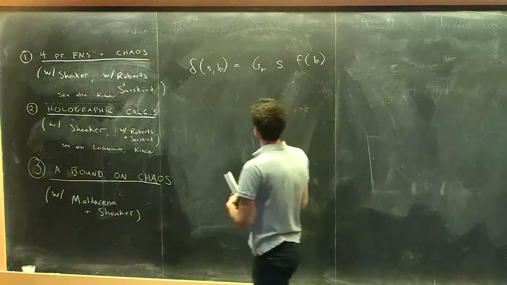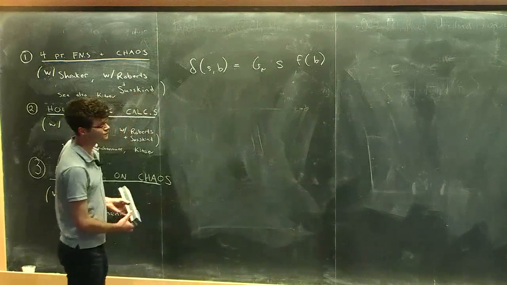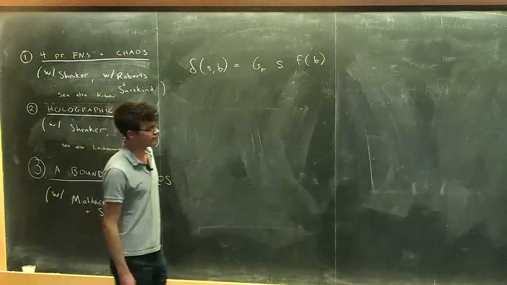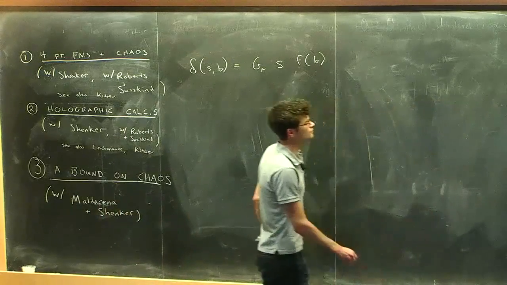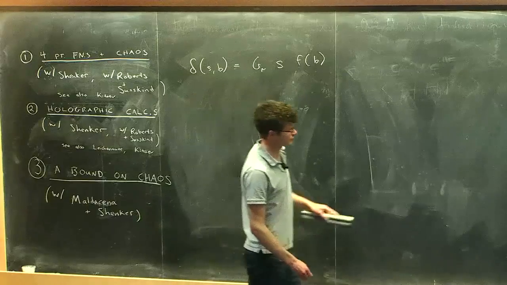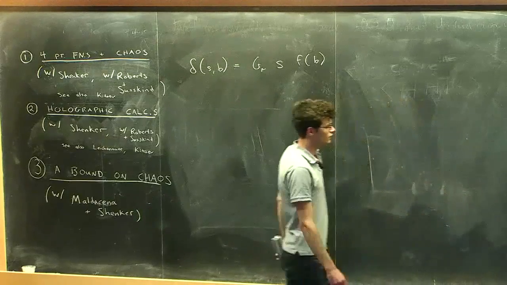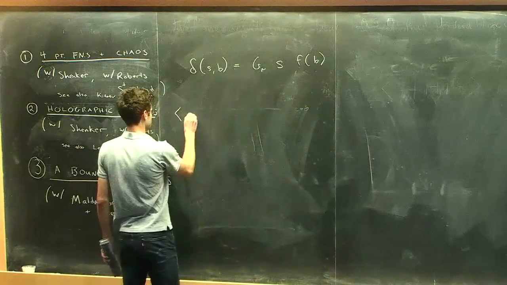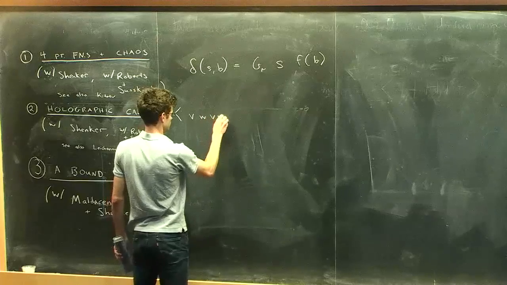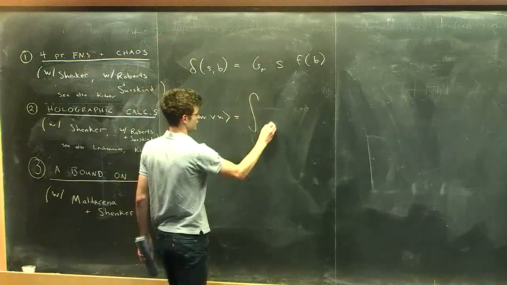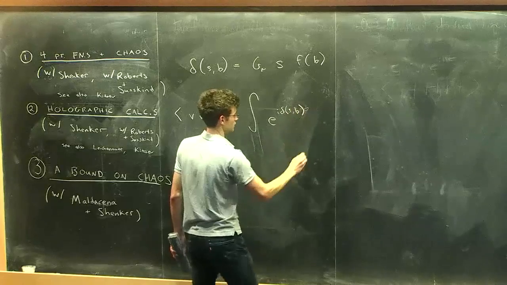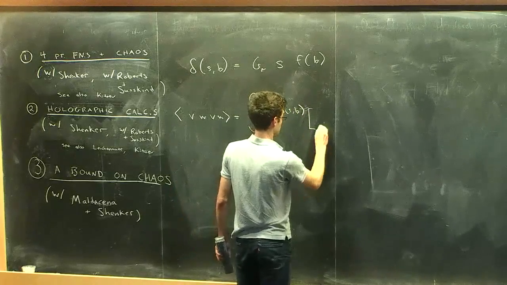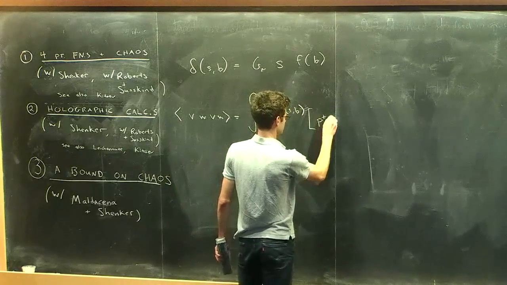Okay, so good. So we can use this now to write a formula for this 4-point function. No, not that 4-point function. This 4-point function. And the formula is as follows. We integrate with this phase factor. I'll just write the expression and I'll explain it.